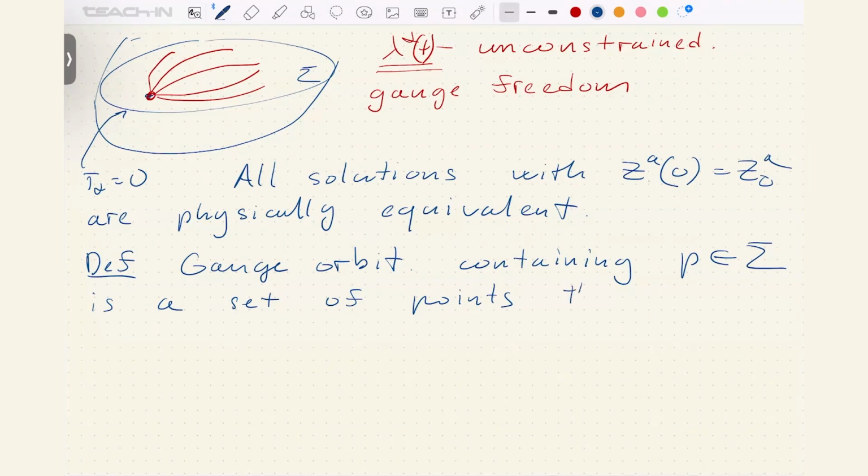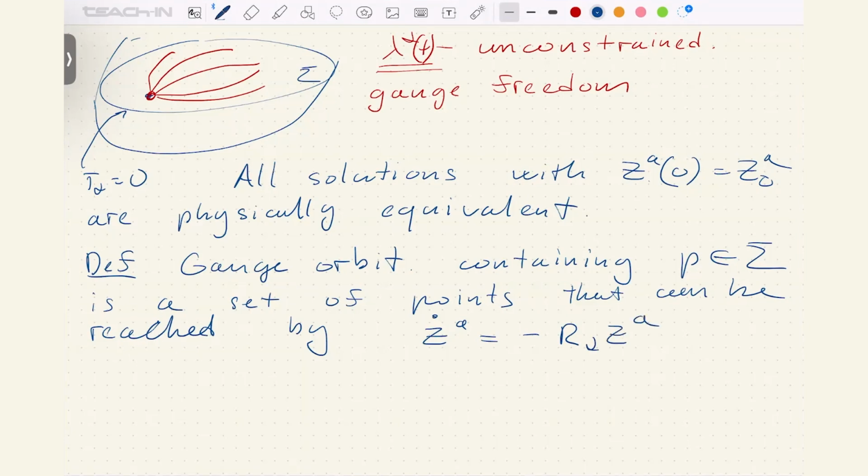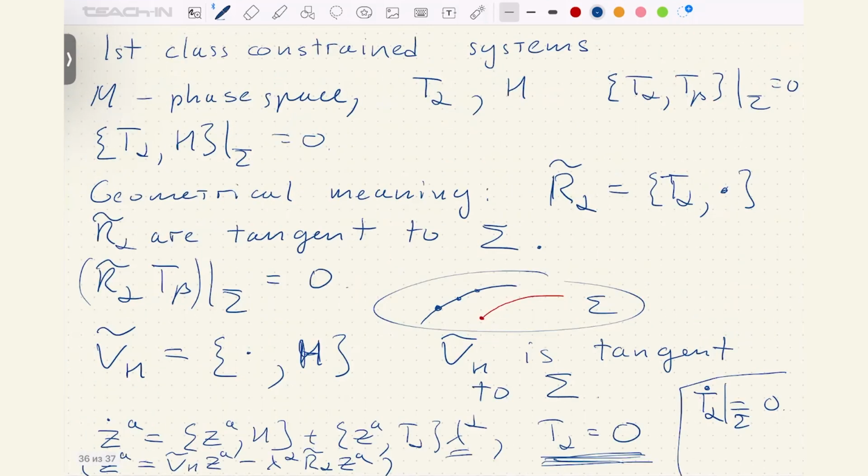Points that can be reached by z dot A equals minus R of z A, and here my lambda of t. So I forget about real evolution. You remember, in our equation there are two terms.